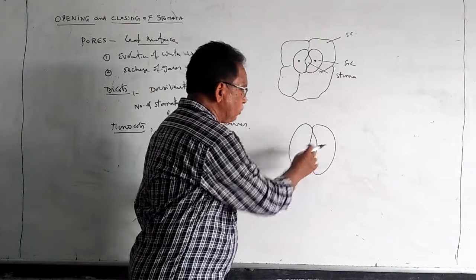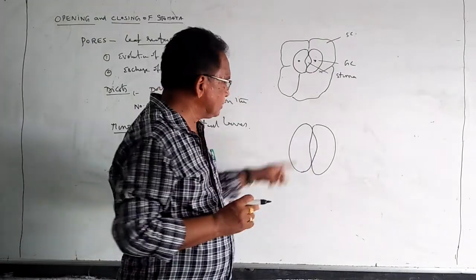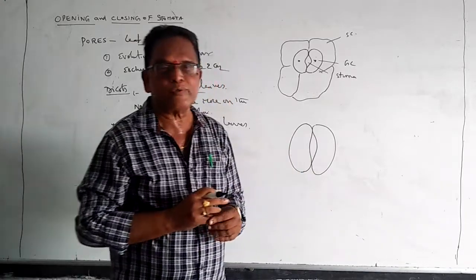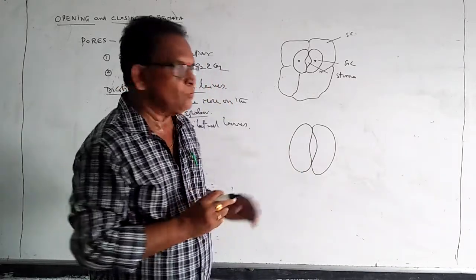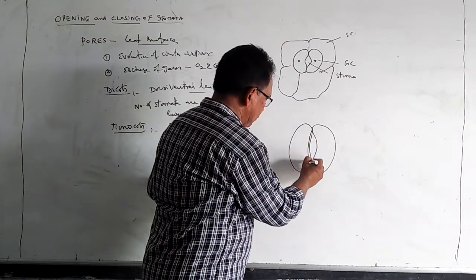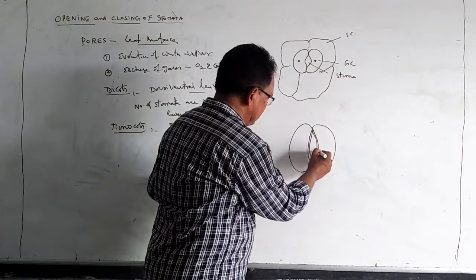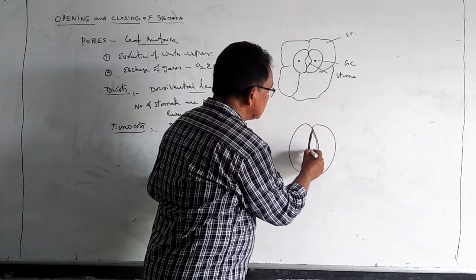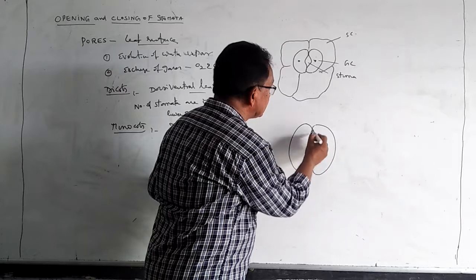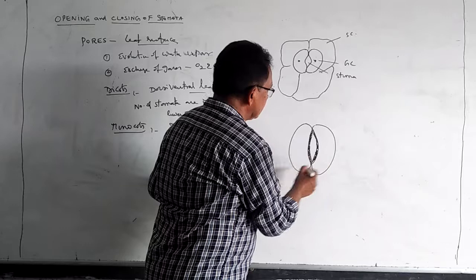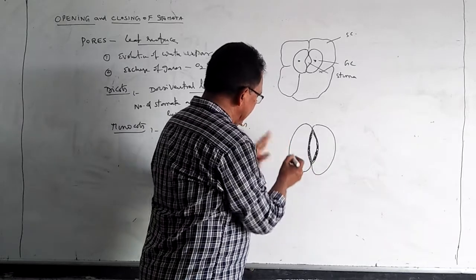And if you observe the wall of the guard cells, the wall of the guard cell is not uniform. The wall that is adjacent to the pore is thick. The wall away from the pore is thin.